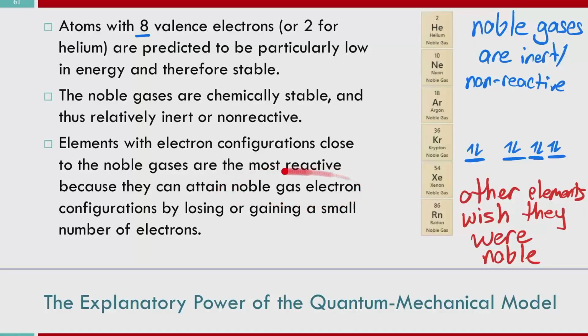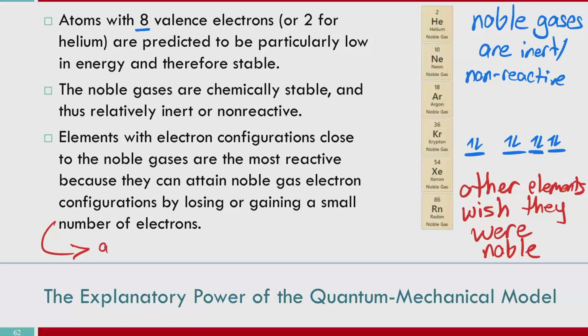So you can get noble gas electron configurations by gaining or losing a small number of electrons. So we can add or remove electrons to get a full shell.